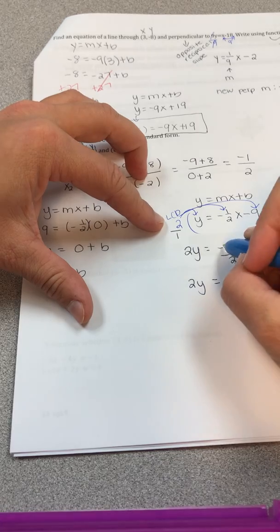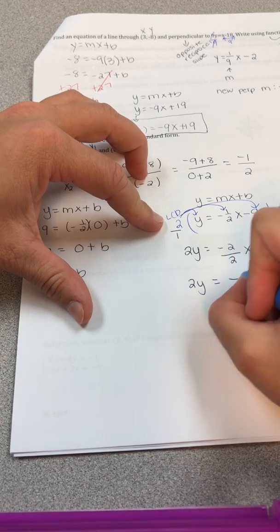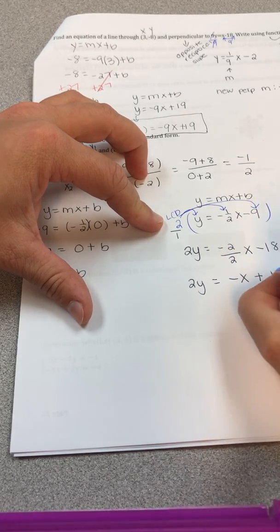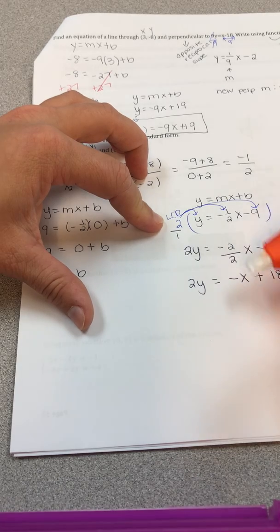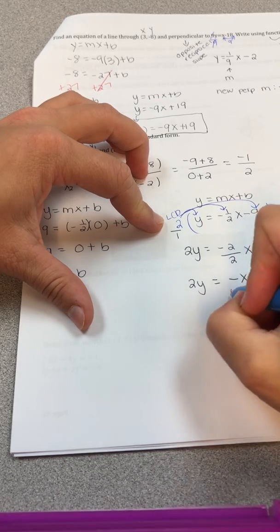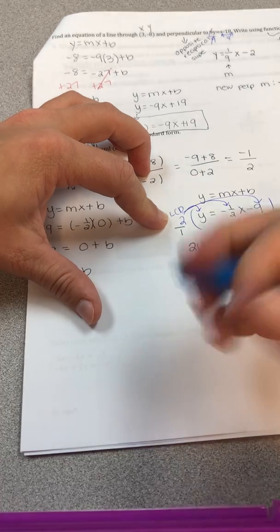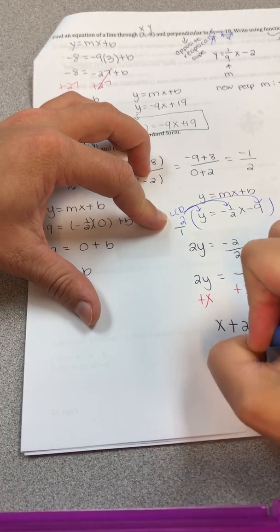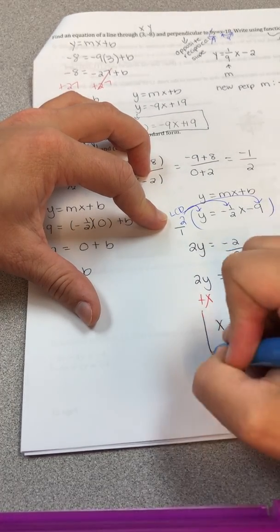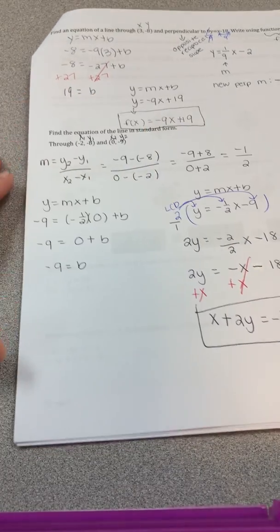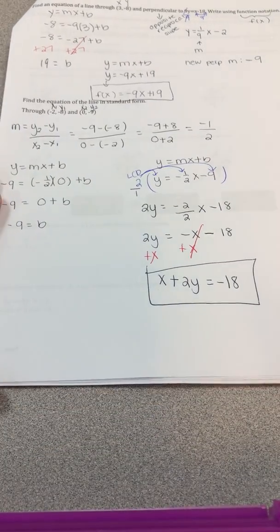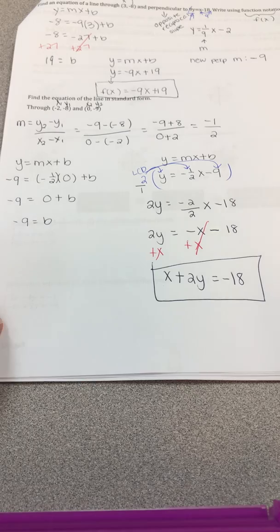Simplifying, 2y equals negative 2 divided by 2 is negative 1x, I'm sorry, minus 18. Last but not least, I want my variables on one side, so I need to move this x over with my y. So we're left with x plus 2y equals negative 18. My variables are on one side, and it equals some number, no fractions.